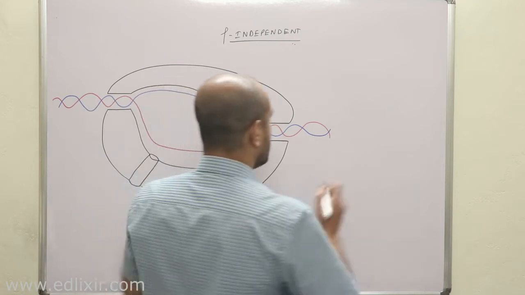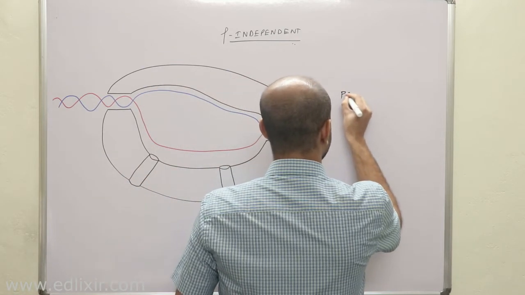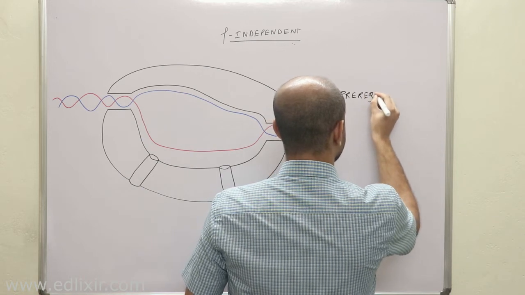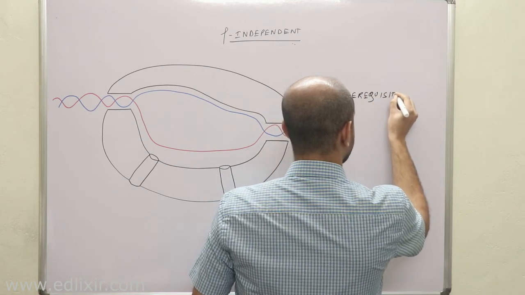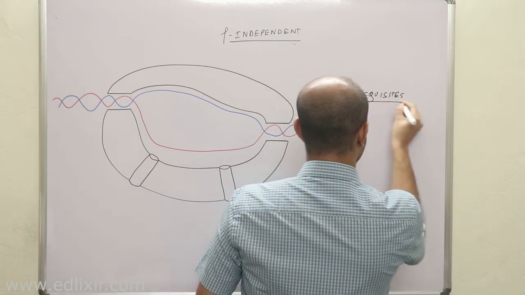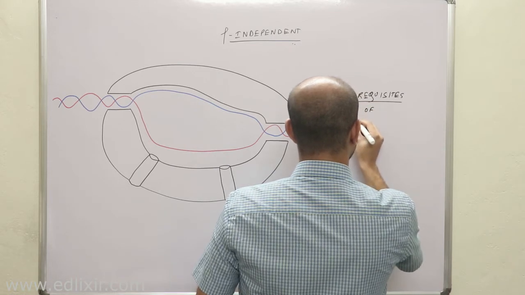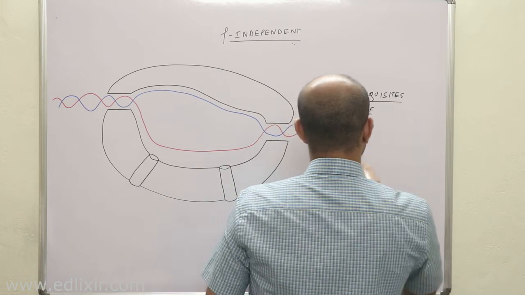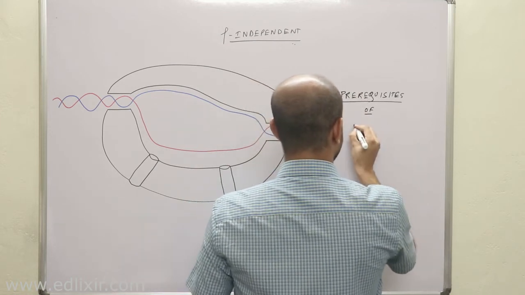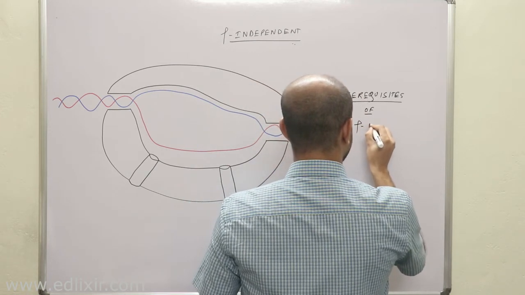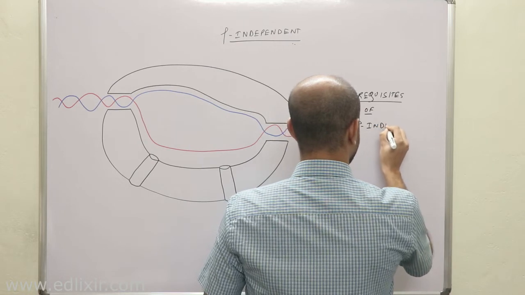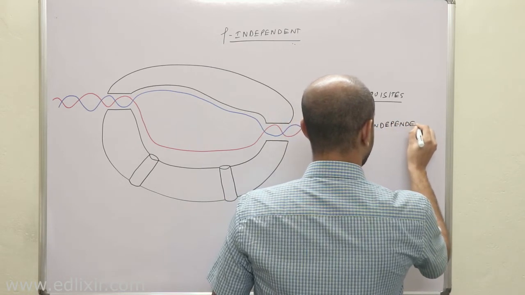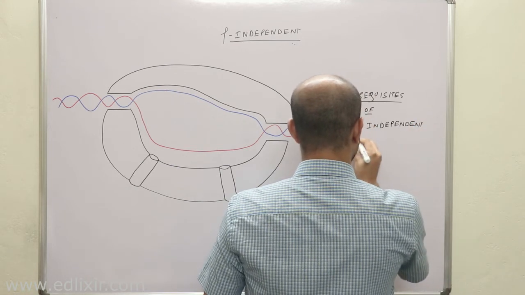So, what are the prerequisites of the rho independent mechanism?